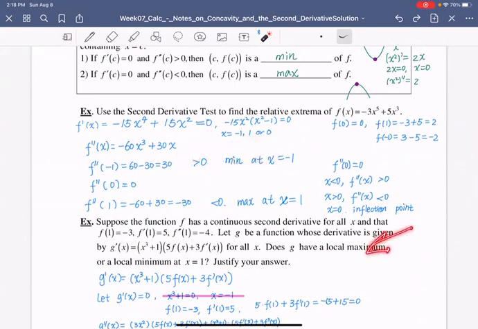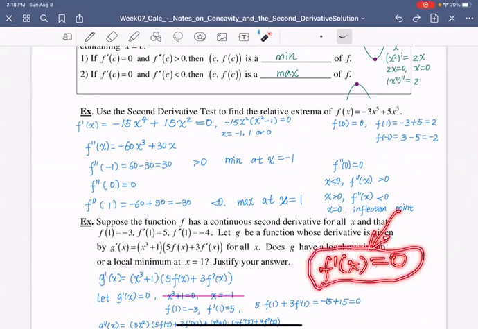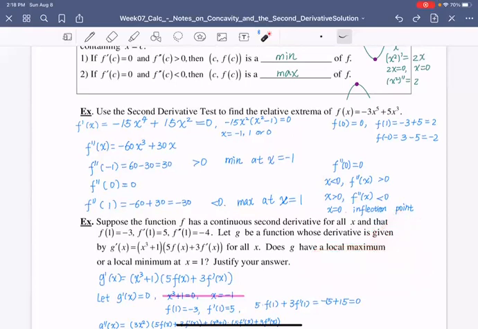If my question is asking you for local max or local min, please don't make your double prime equal 0. Make your first derivative equal 0, just like what you learned in the previous class about the candidates test. That's the first step to help you find your local min or local max. Is this clear?